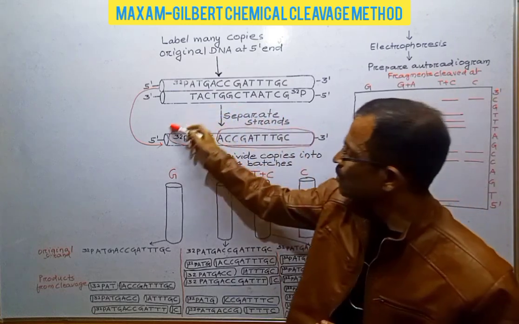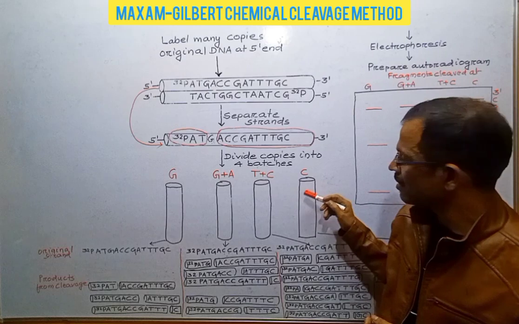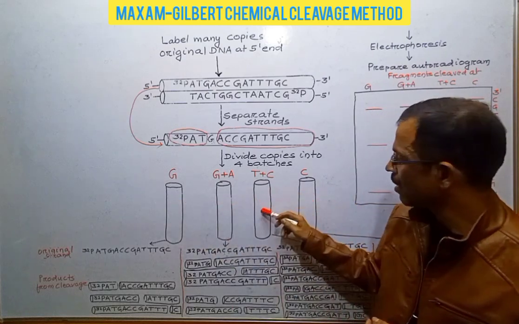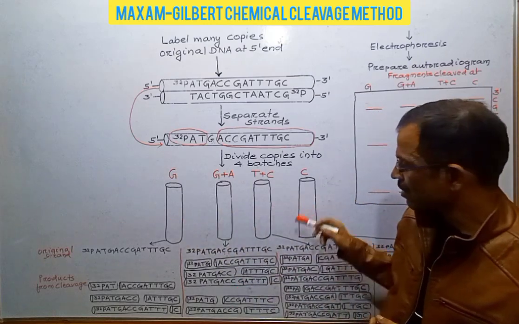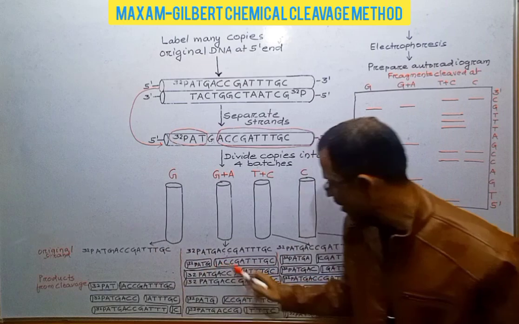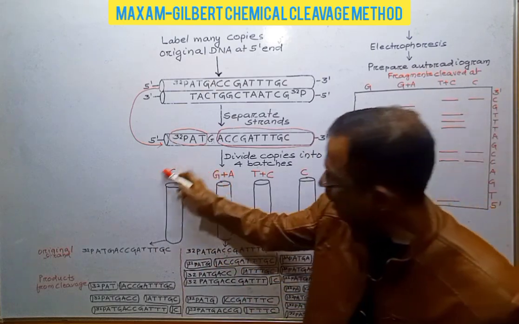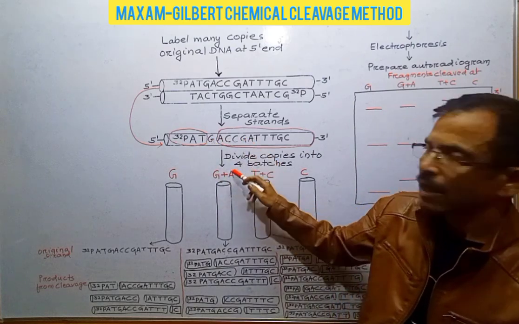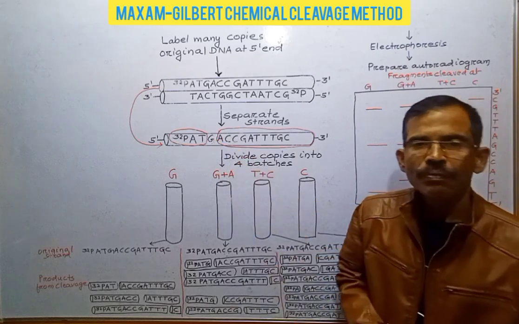All copies of this labeled single strand are divided into 4 different batches, which are subjected to 4 different chemical reactions. These 4 different chemical reactions will generate 4 sets of labeled and unlabeled fragments. In the first batch, cleavage will take place at guanine, and in the second batch at guanine and adenine.